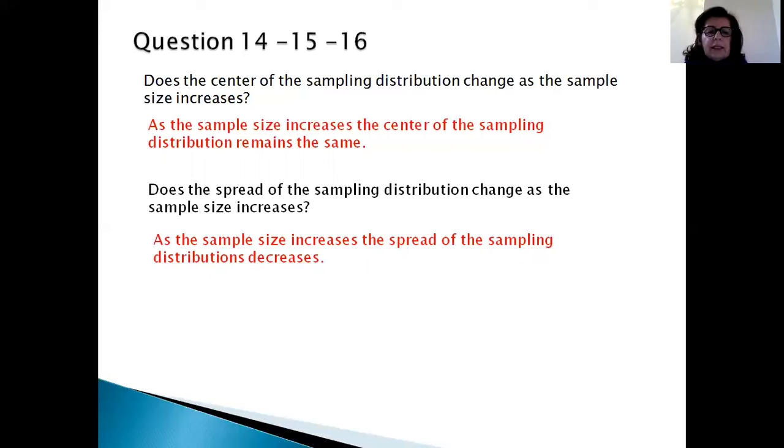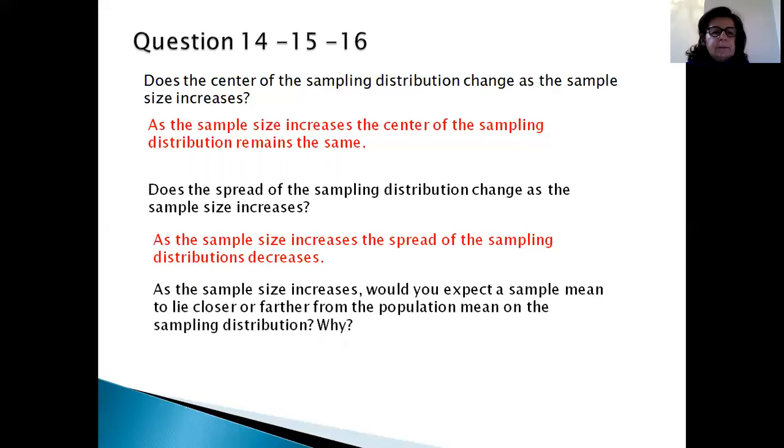As the sample size increases, the spread of the sampling distribution decreases, because when we have a larger sample size, our variability is going to decrease. We are going to have less variability with the larger sample sizes.